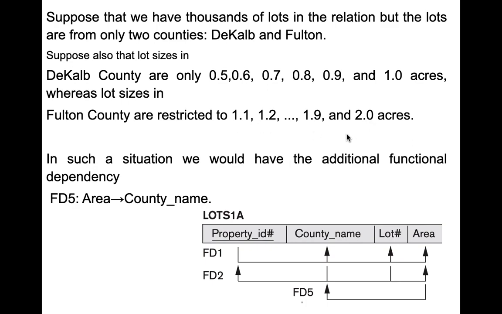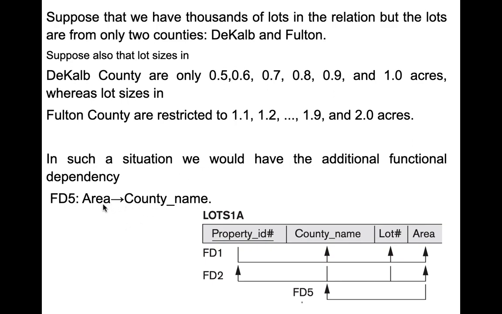So if I tell you there is a land of 0.8 acres for sale, you can easily know it is from DeKalb because that denomination is for DeKalb. And if I say there is a 1.5 acre land for sale, you can automatically know it is from Fulton. So now there is an additional dependency: county name depends on area.